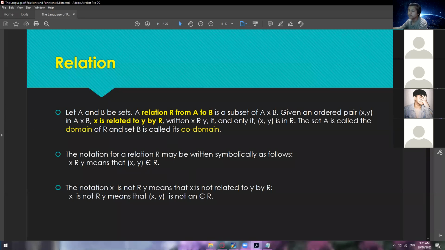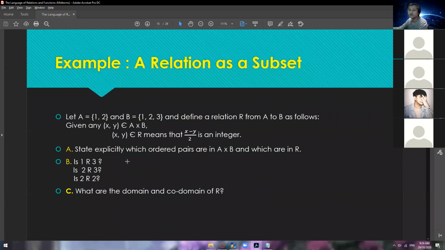Okay? So para masabi natin they are in relation, again, we are setting a certain condition, wherein we follow that condition for us to be able to say that yes, they are in relation in this way. Okay, so moving on, we have here an example, a relation as a subset.